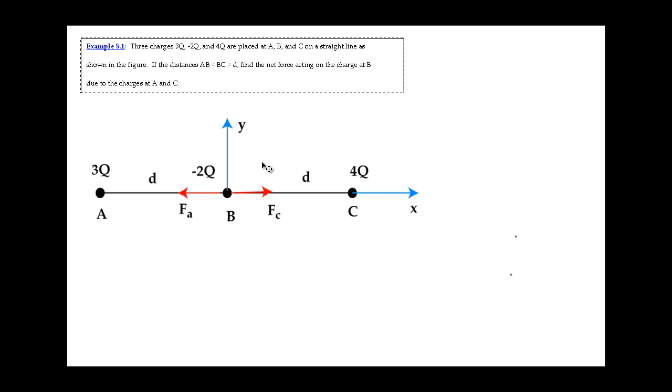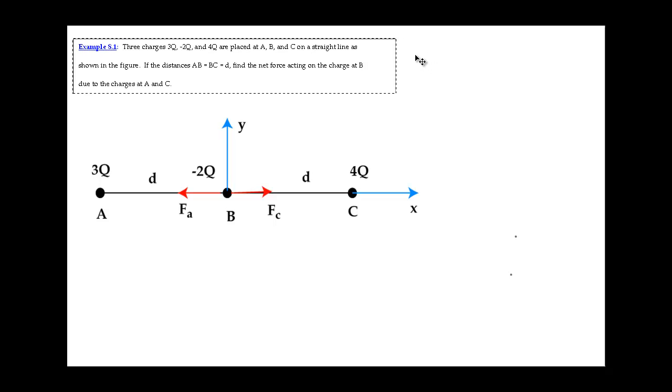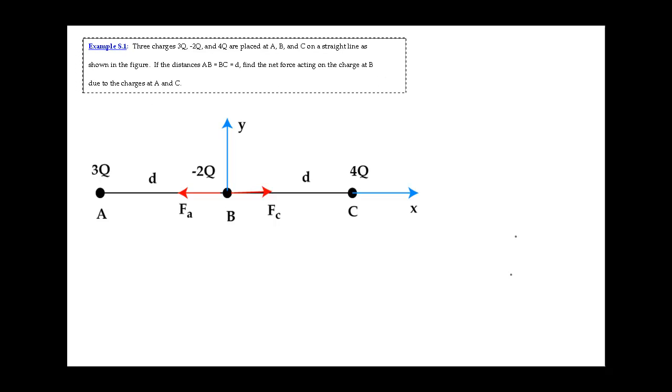Well, we first want to write down expressions for F_A and F_C, once again using the familiar unit vector notation. The coordinate system has already been written down for us, and so we can write down F sub A. Again, we write down the magnitude first, and we put in the direction using the signs of the charges.